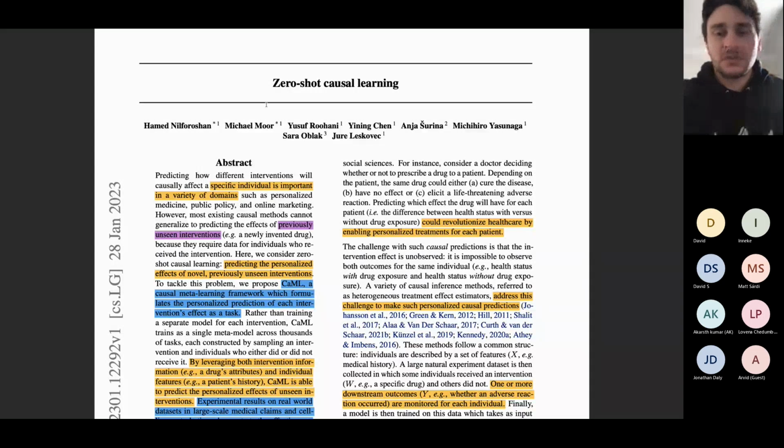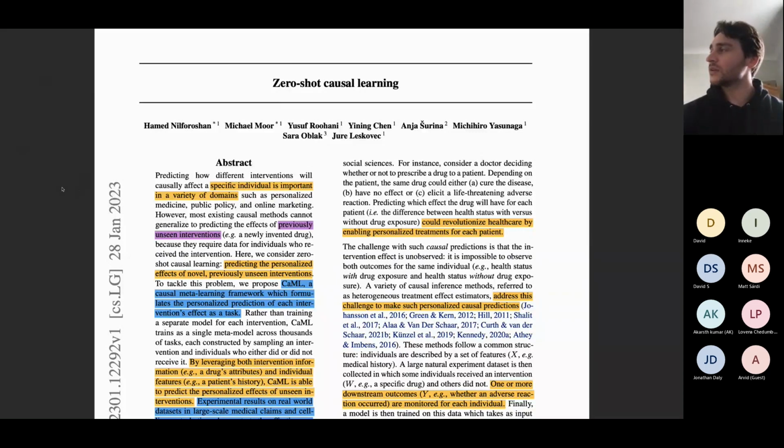Just to break apart some of the terminology there. So there's two concepts in the title. One being causal learning, which is when you estimate the impact of an intervention.